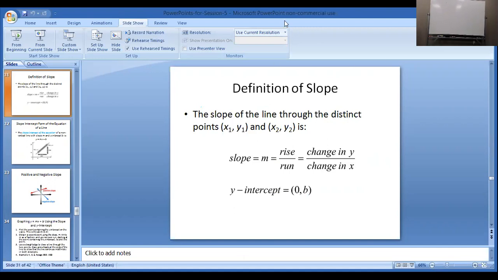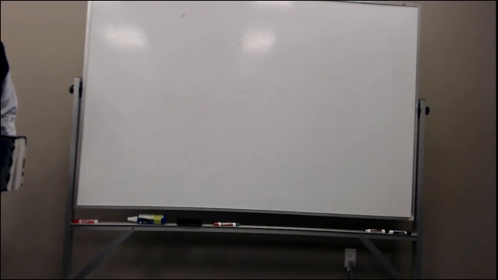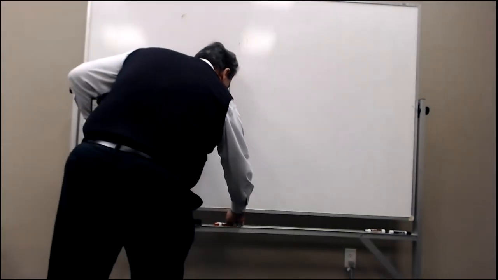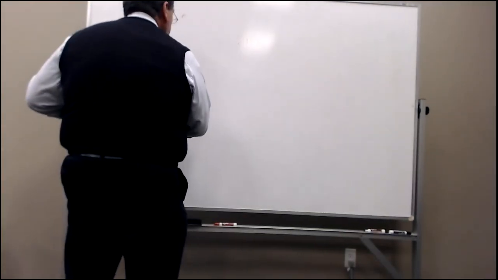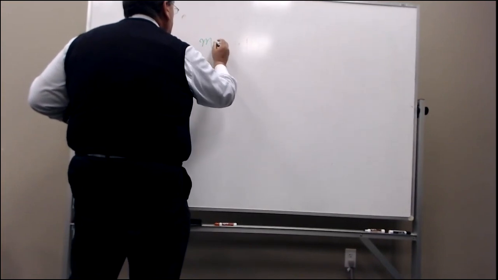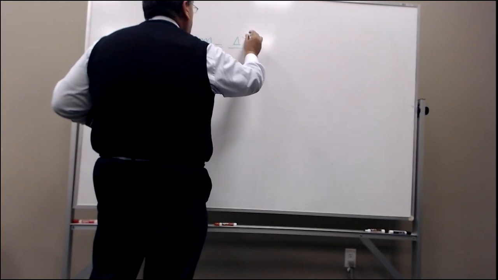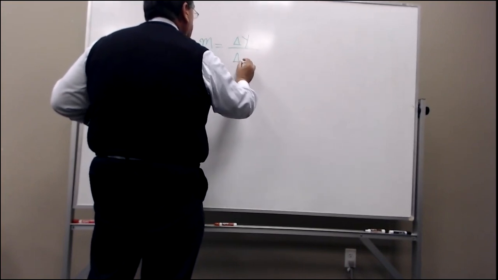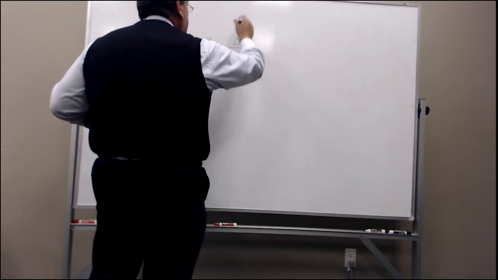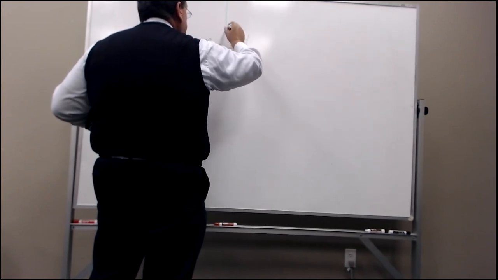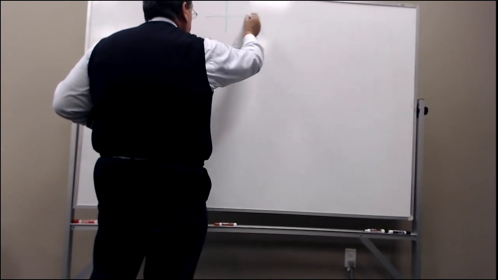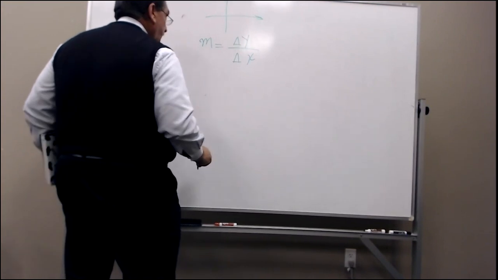Slope is the change in y, I call that delta y over delta x. Rise because y is the vertical axis, over run because x is the horizontal axis.